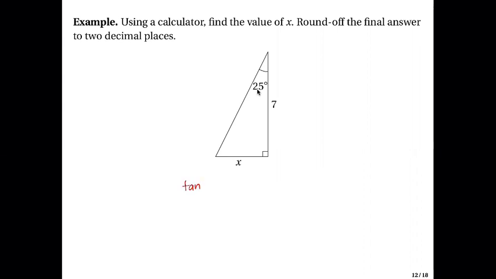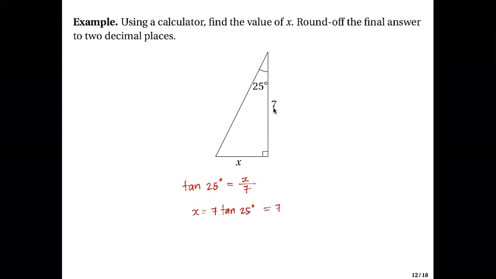Okay? So you will have tangent 25 degrees. This is equal to the opposite, which is x, and then the adjacent, which is 7. Or that your x is equal to 7 times tangent 25 degrees. So if we calculate this, okay, you have your tangent 25 degrees.